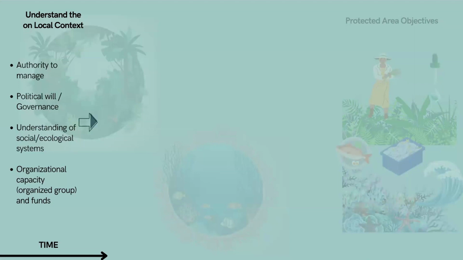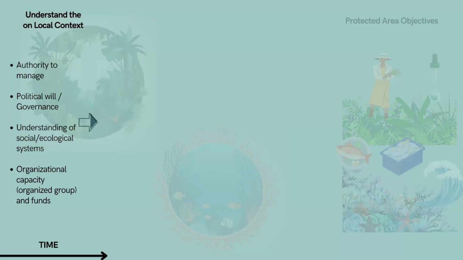So that's critical. Political will is also needed to establish laws and provide funding that can support management of the site. We need to have some understanding of the socioeconomic and ecological conditions, like what's happening in the community, how are people using the site, what's happening with the resources.